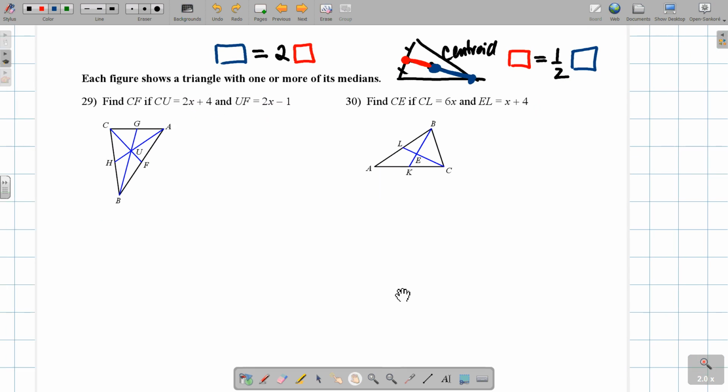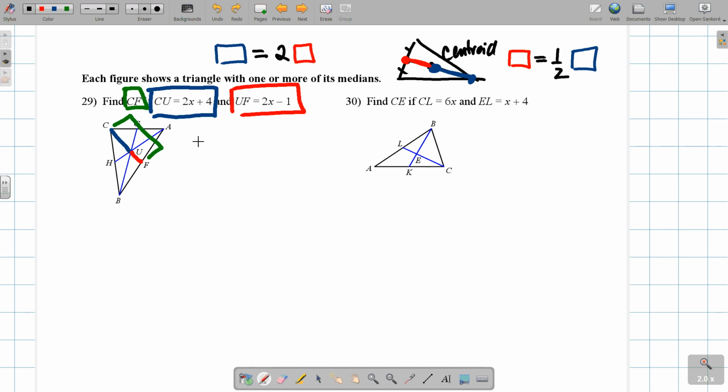Let's take a look here. Look at 29. We are given CU, which is the blue segment, and you are given UF, which is the red, and our ambition is to find CF, which is the whole thing.